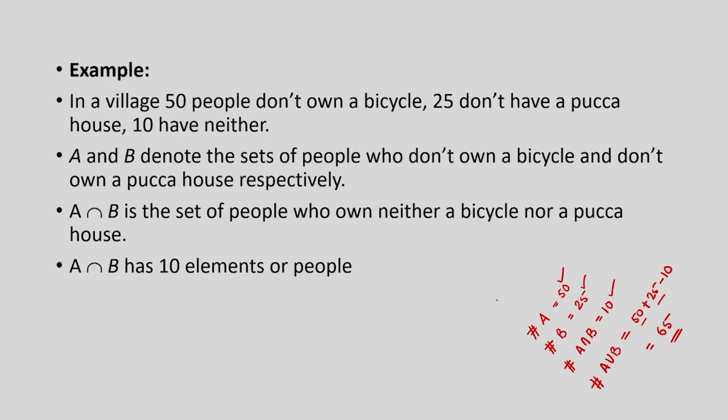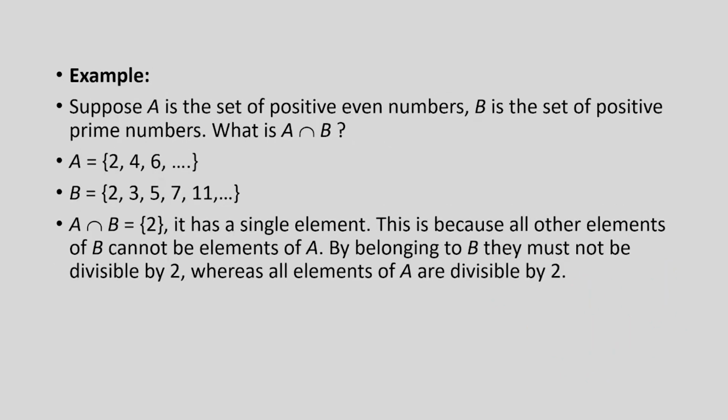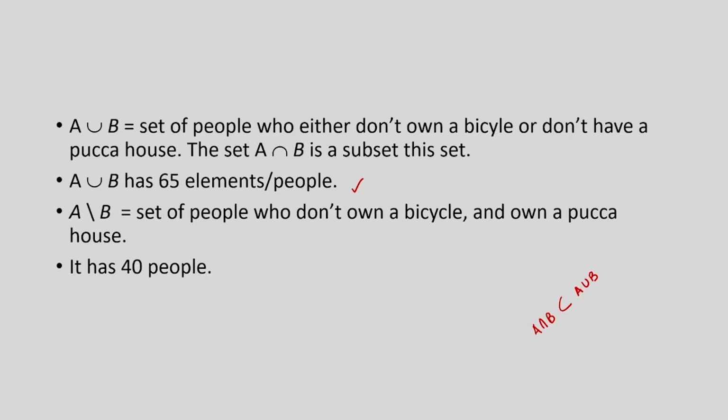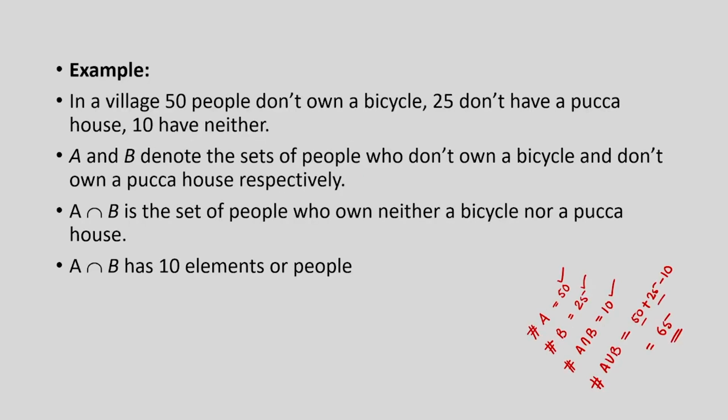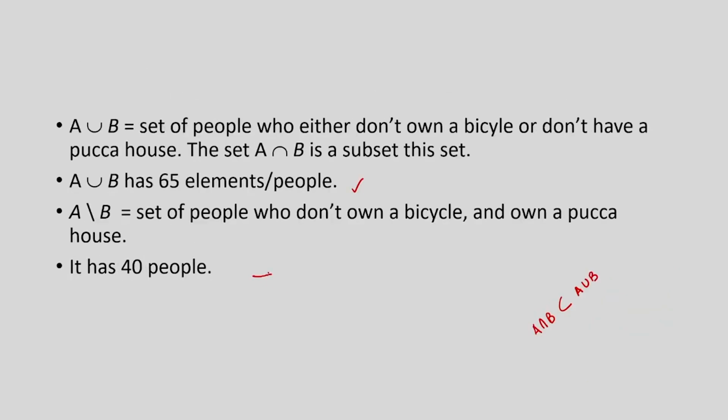So, that will be like 50, right? 50 is the total number of people who do not have a bicycle, and from that I have to take out the intersection elements, the people who have a Pakka house but they do not have a bicycle. So, if I do that, then I get, how am I getting that? This is 50 minus 10, so that is 40, right.